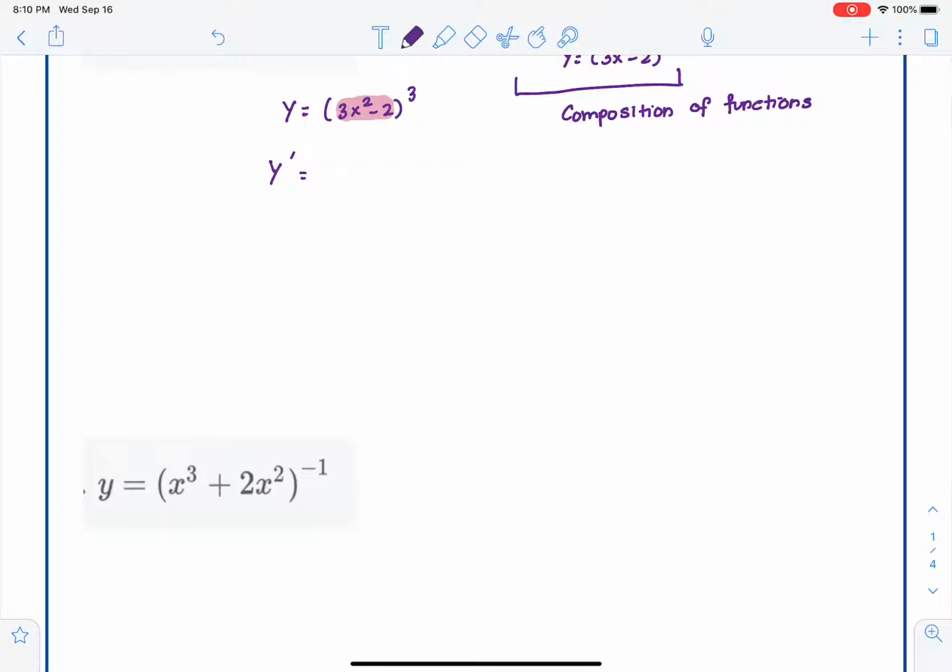So recognize that the derivative of x cubed is 3x squared, so 3, the inside part, 3x squared minus 2, but we have to multiply it by the derivative of the term that is inside, which would be 6x. So the final answer would be 3 times 6x, which is 18x multiplied by 3x squared minus 2.